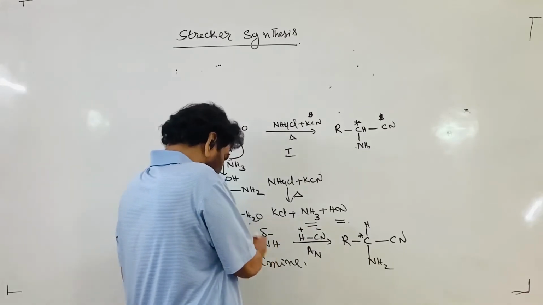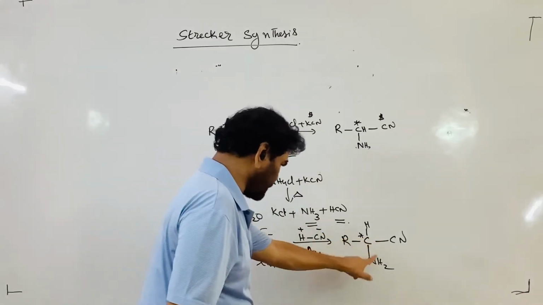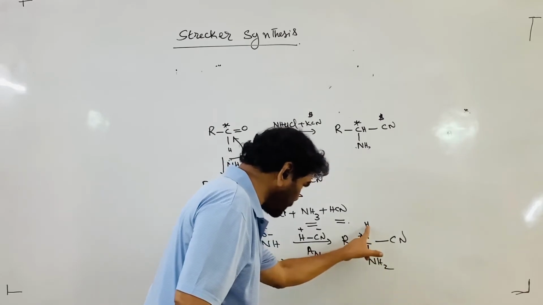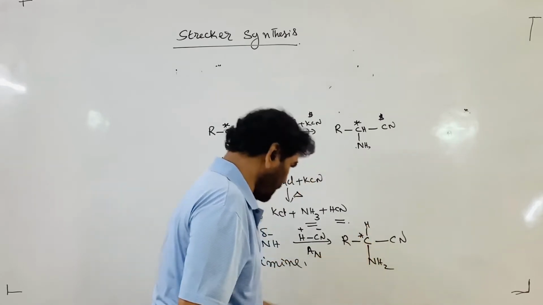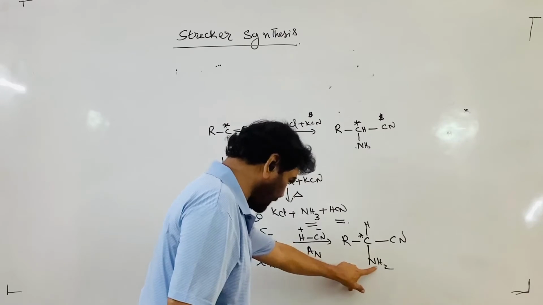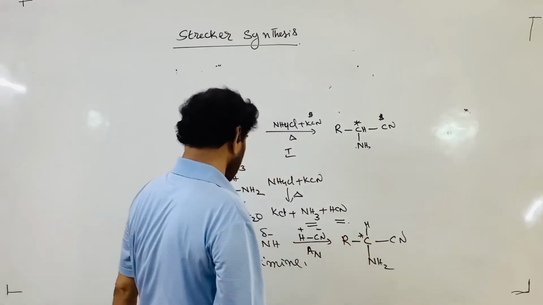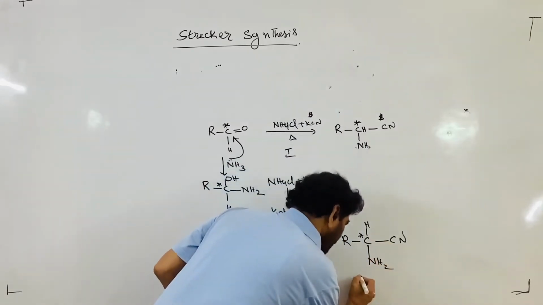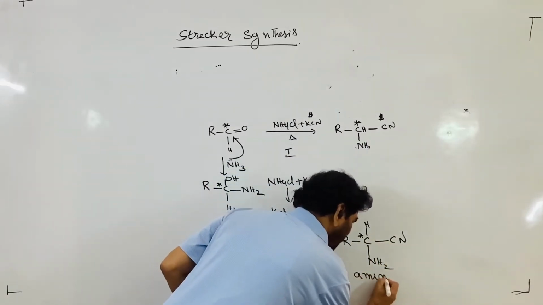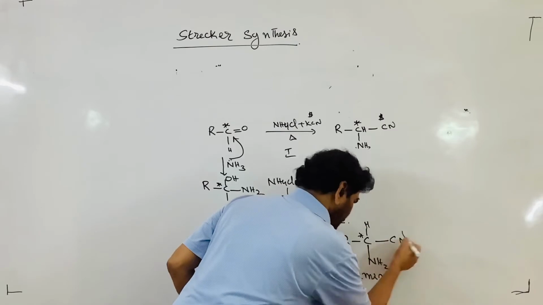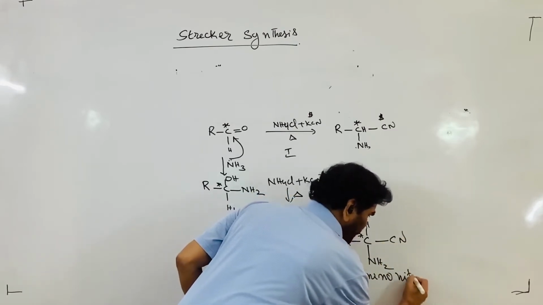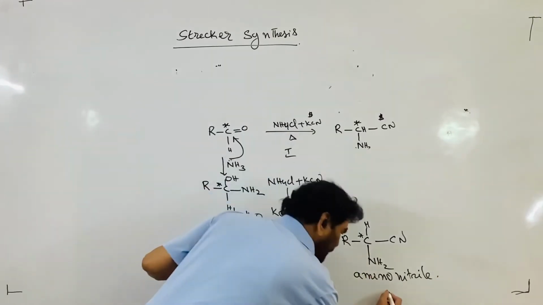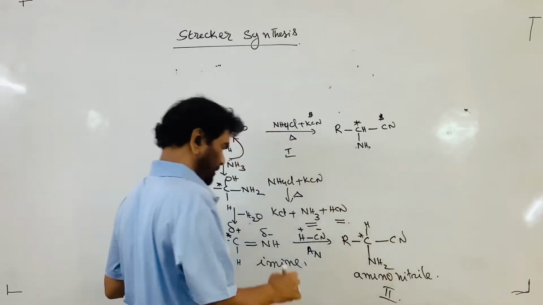On this carbon-nitrogen double bond, hydrogen H plus ion is added to this, and cyanide ion is added to this. That's all. This is amino, or alpha amino nitrile is formed. This is the intermediate formed during the reaction.